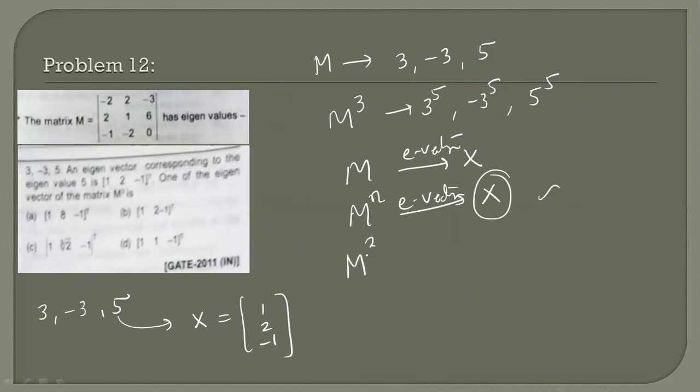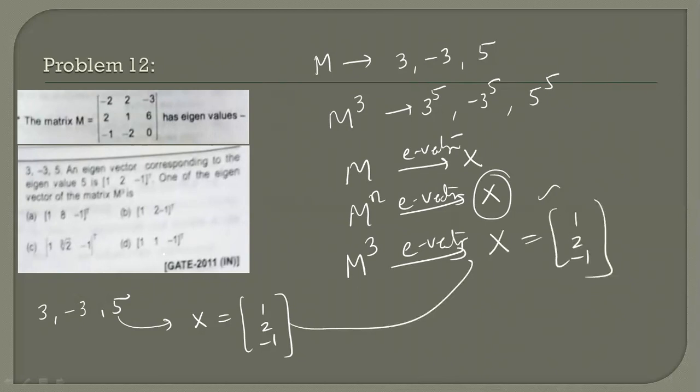It means M cube has eigenvector also capital X, which is given to you, (1, 2, -1) transpose. It means B option is correct. Eigenvalues change in the algebra of matrices, but eigenvectors do not change.